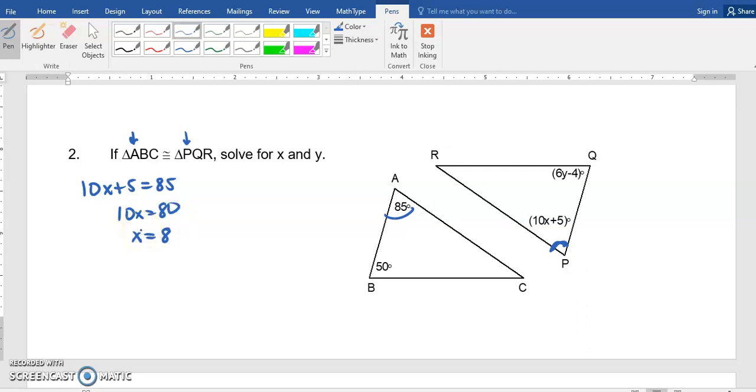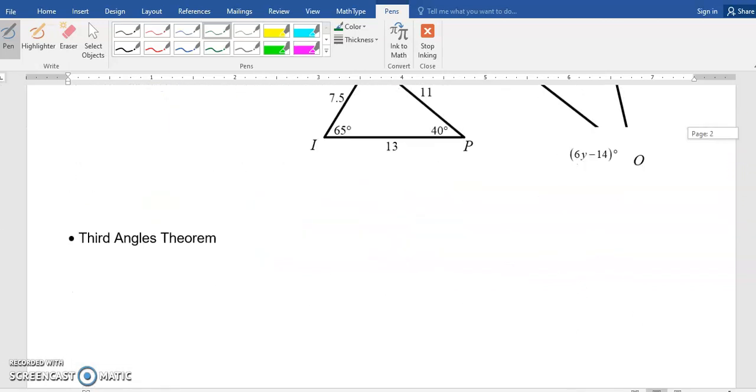Now doing y, it is Q. Q goes with B, so this is the right one. Now if it wasn't, I could have figured this one out. If it was, and I needed that one, I'd subtract from 180. But I know that the 6y minus 4 has to equal 50. And so divide by 6, y equals 9.